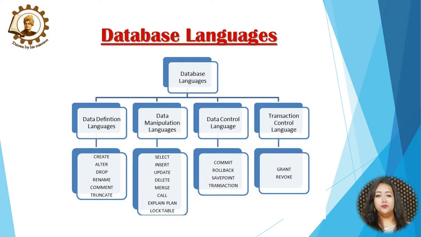Actually, data definition language is used to store the information of metadata like the number of tables and schemas, their names, columns in each table, etc. Here are some tasks that come under DDL: create, alter, drop, rename, comment, truncate, etc.